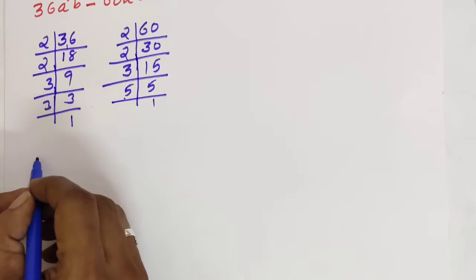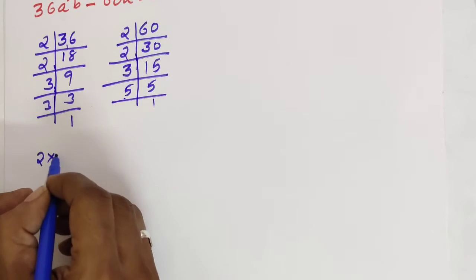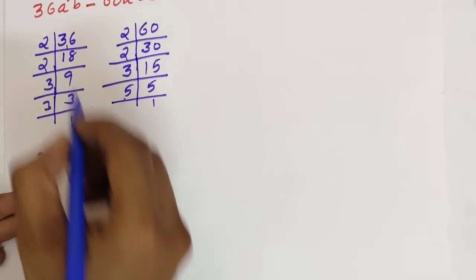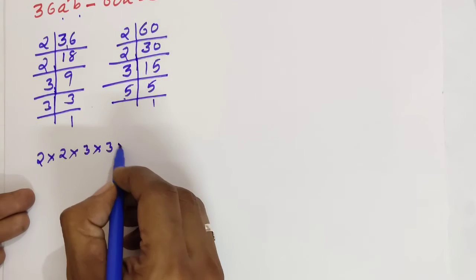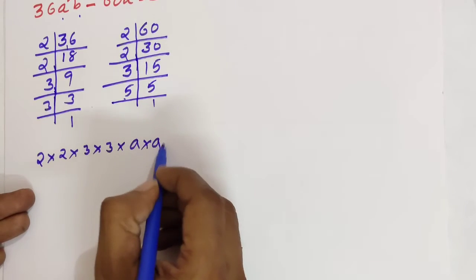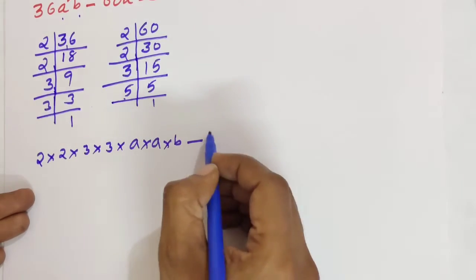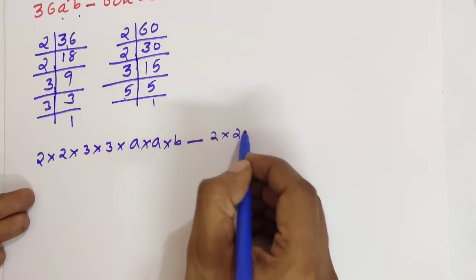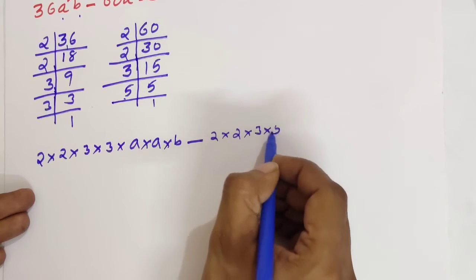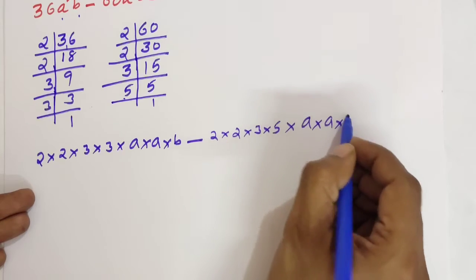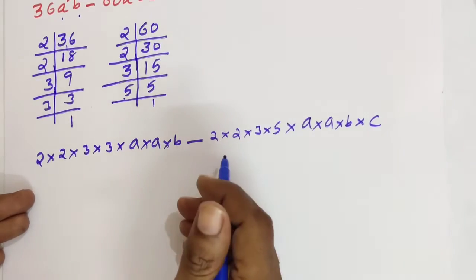Now 36 can be written as 2 into 2 into 3 into 3. So here, that is a square b, so a into a into b, minus. Now 60 can be written as 2 into 2, 3 into 5, and then a square bc is a into b into c.